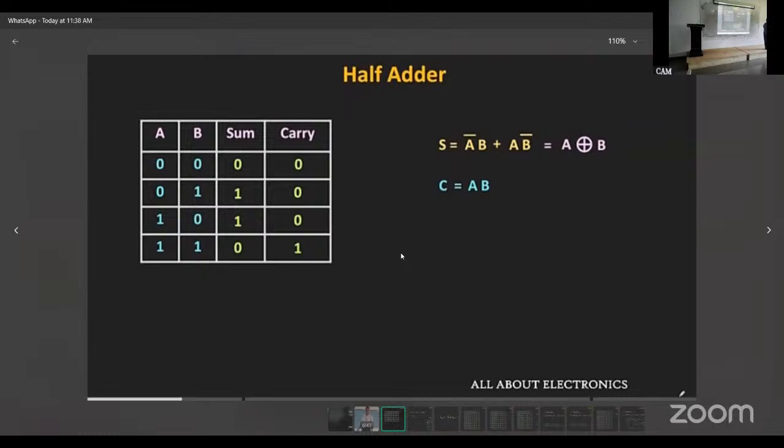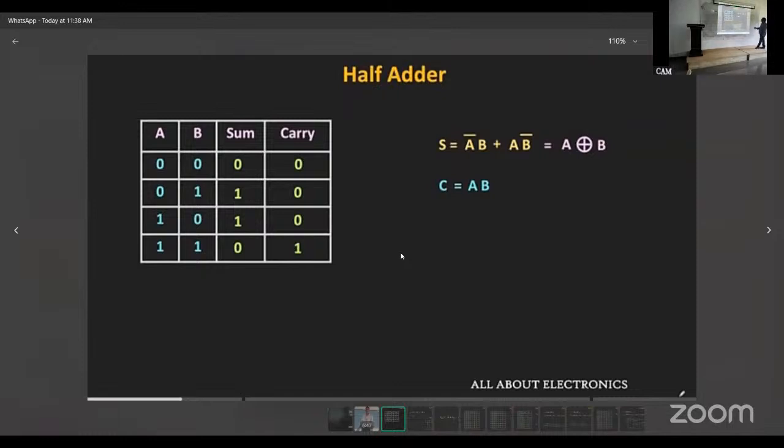Binary addition can be done by one circuit. That circuit is known as an adder. Depending upon how many bits we are using, we have half adder and full adder circuits. Half adder means 1 bit addition, full adder means 2 bit addition.